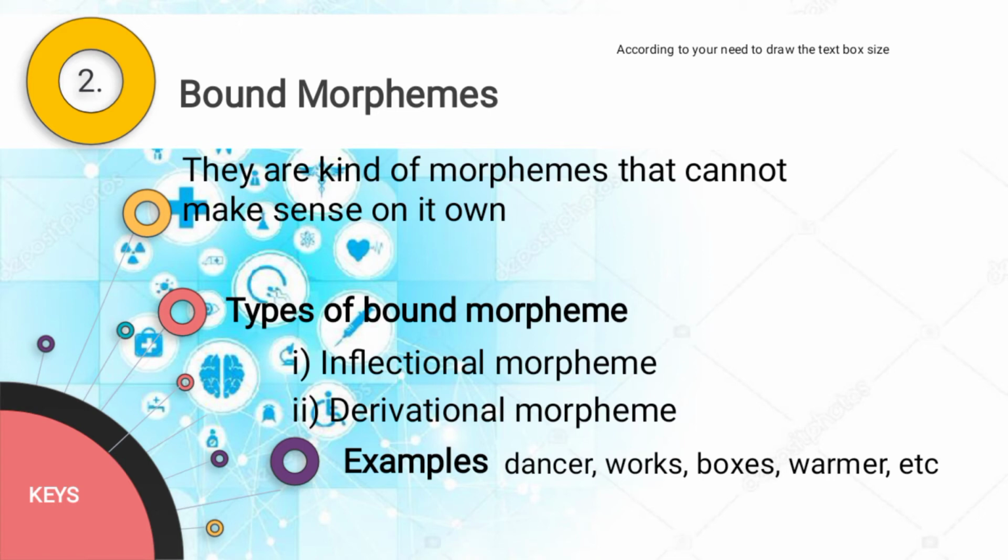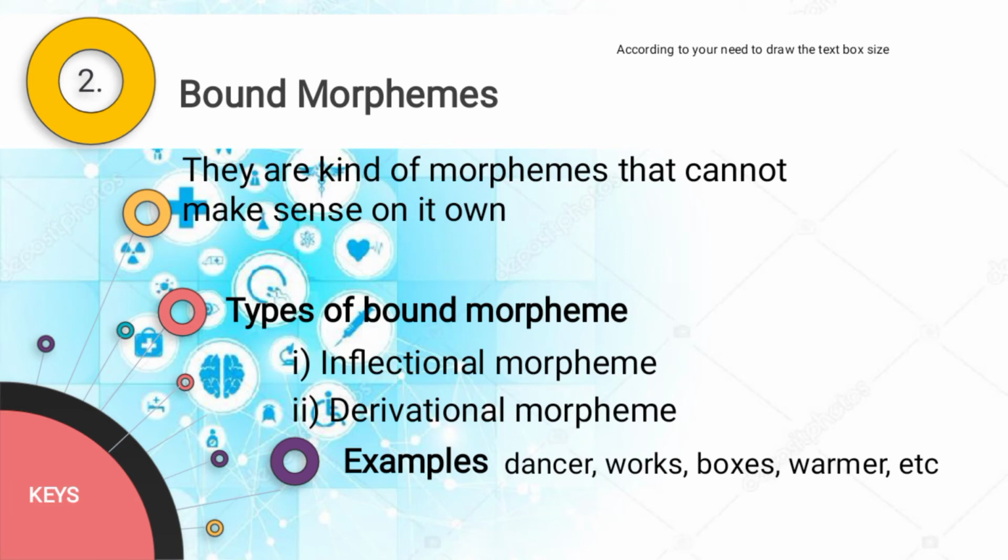It involves the process which produces forms of the same word. The inflectional morpheme does not change the word class of the word. Please bear in mind that the inflectional morpheme does not change the class of the word.